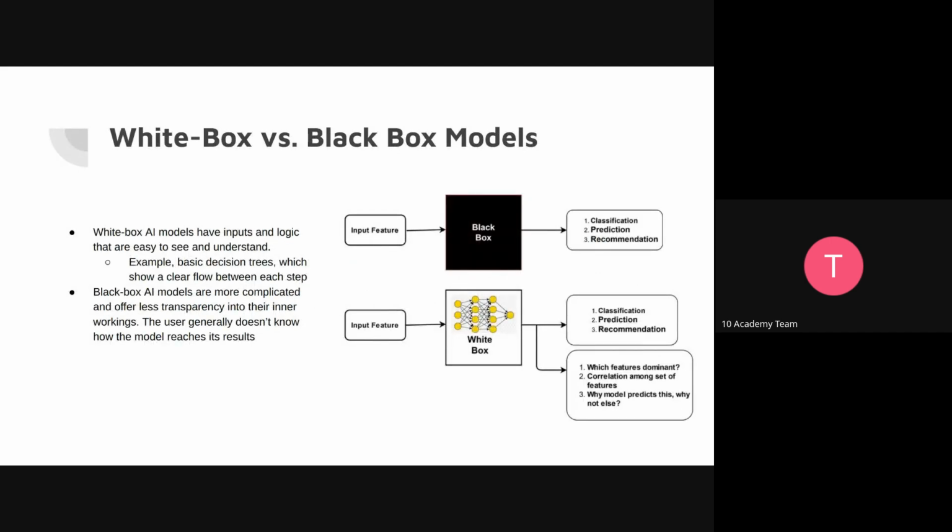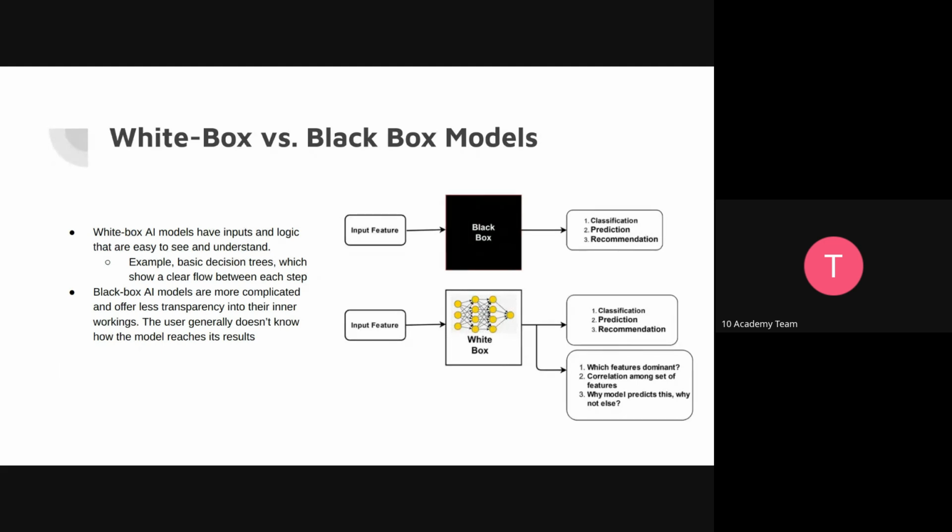Anyway, I think we have discussed before having a black box model against a white box model. A black box is when you don't know the internal workings of the model, so you have the input and the output, but you don't understand how the model arrived at this result.